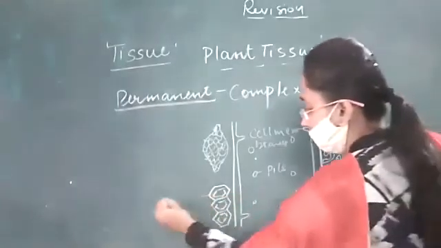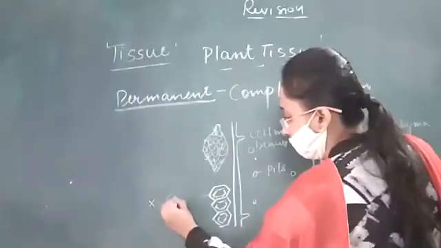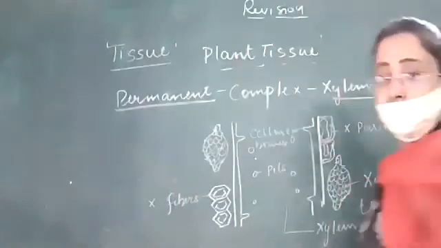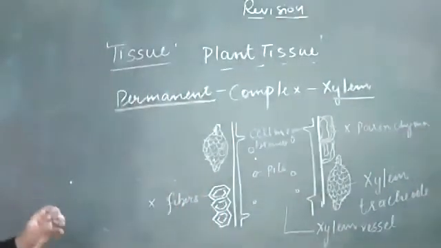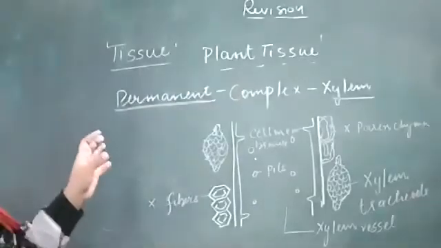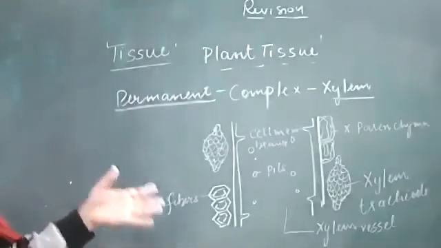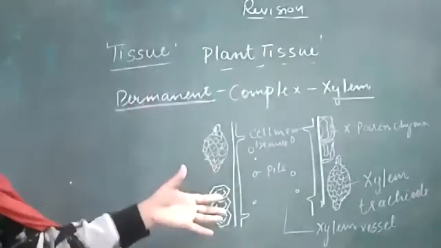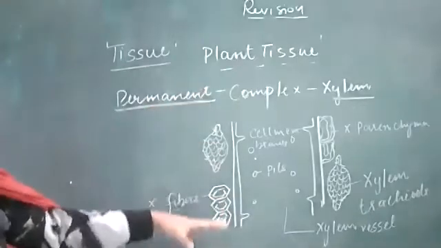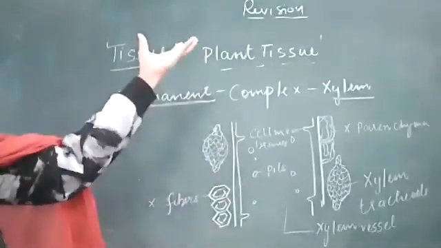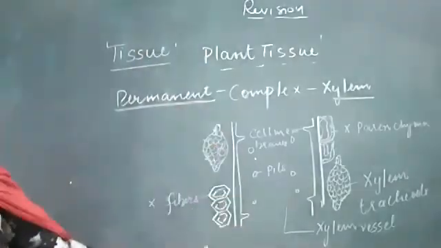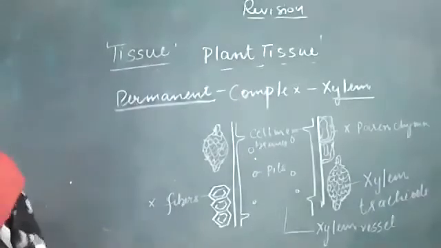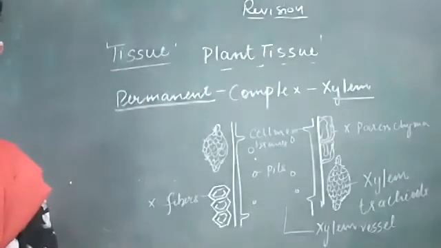And this is xylem sclerenchyma, that is fibers, you can write. Okay? So these are the four components of the xylem: xylem tracheids, xylem vessels, xylem fibers, and parenchyma. The cell wall is dissolved to make a continuous run of the water and minerals, which is single directional. Okay? So this is basically the structure of the xylem.